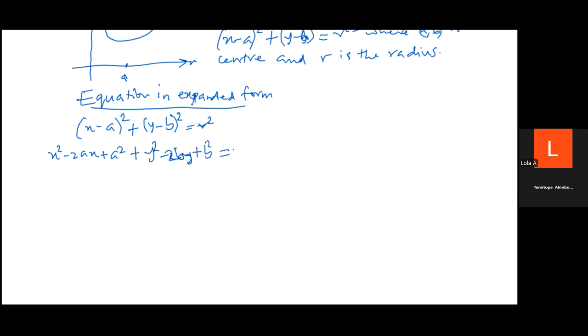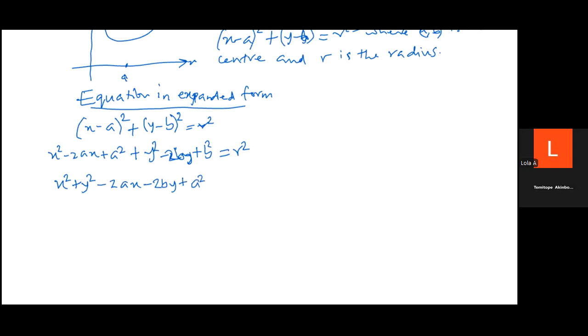Then I will rearrange in such a way that I'm going to have x squared plus y squared minus 2ax minus 2by plus a squared plus b squared.